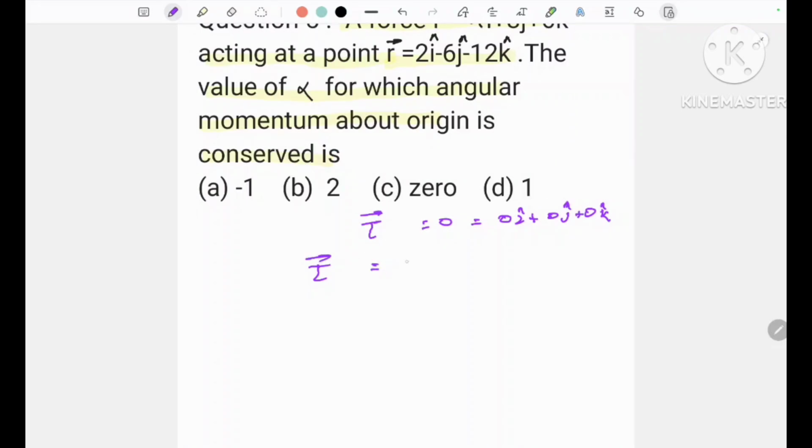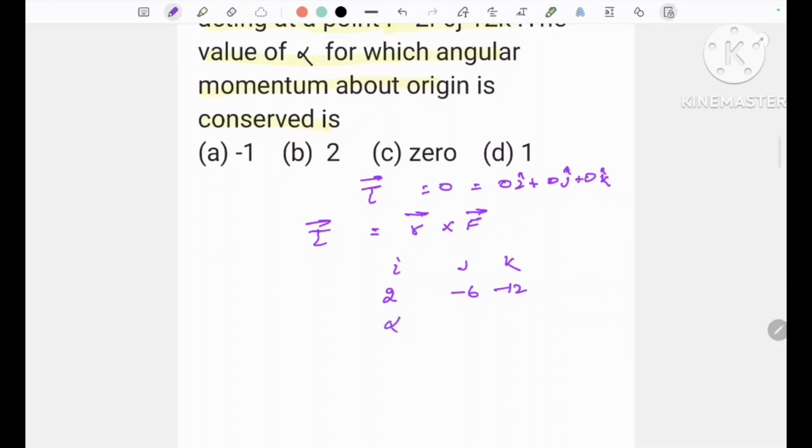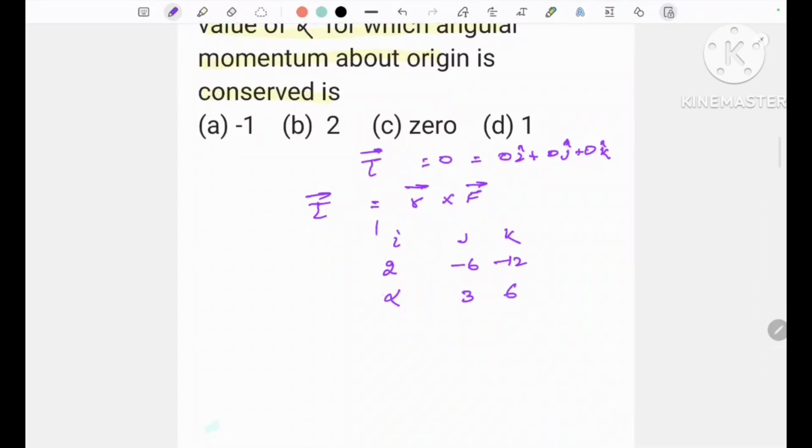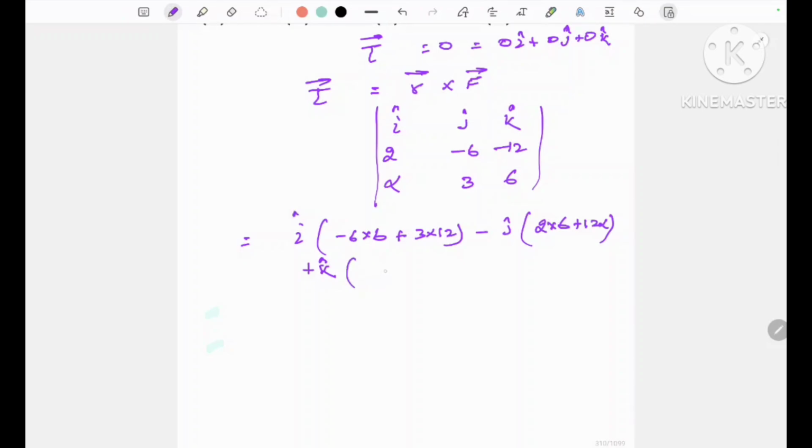Torque is equal to R cross F, or determinant of i j k, 2 minus 6 minus 12, alpha 3 6, is equal to i cap (minus 6 into 6 plus 3 into 12) minus j cap (2 into 6 plus 12 alpha) plus k cap (6 plus 6 alpha).